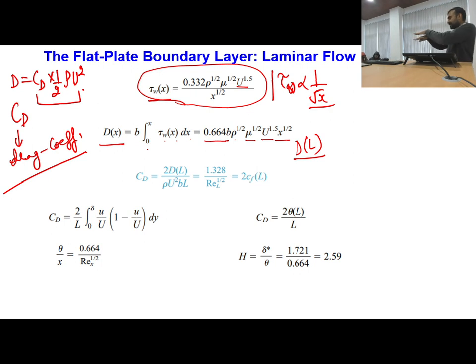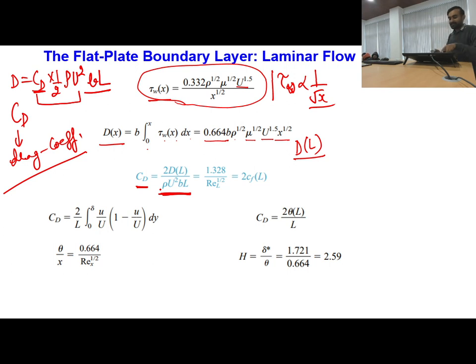What is the area on which shear stress is acting? One is the length of the plate and another is the width of the plate, normal to the board. So B times L. That will be my formulation of drag force in terms of the drag coefficient. From this, my drag coefficient will be 2 times the total drag force over the plate divided by rho u square into B L.